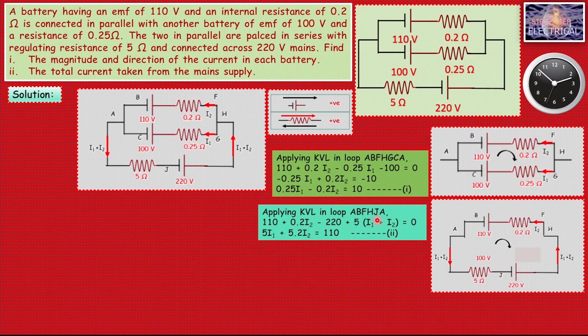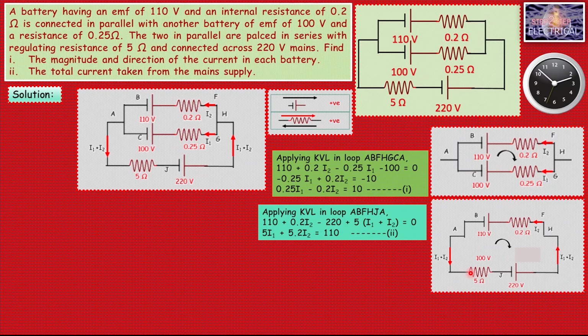Let's talk about these two resistors, the 5 ohm resistor and the 0.2 ohm resistor. For the 0.2 ohm resistor, the direction of current I2 is anti-clockwise and the direction of movement is clockwise. Both are opposite, and in case of opposite, for a resistor the potential drop is positive, so 0.2 I2 is positive.